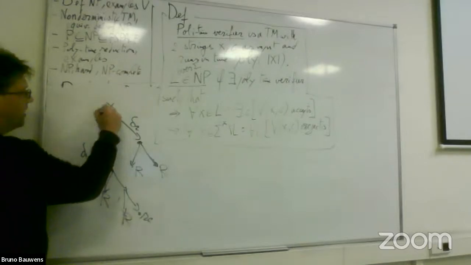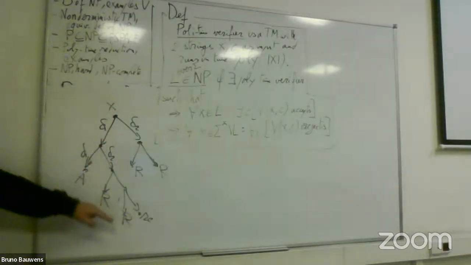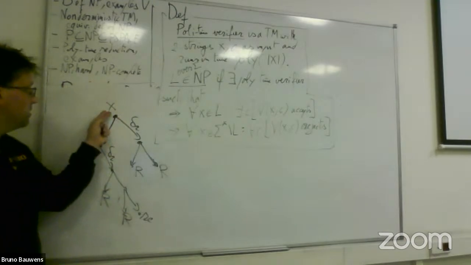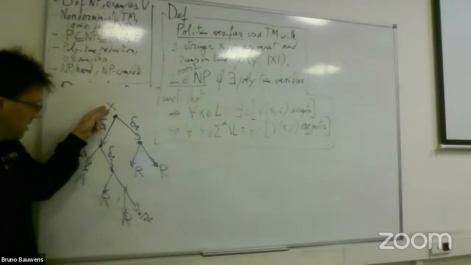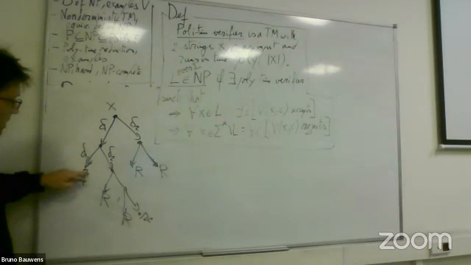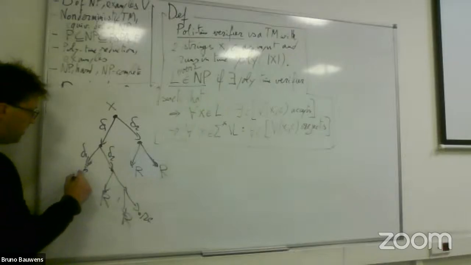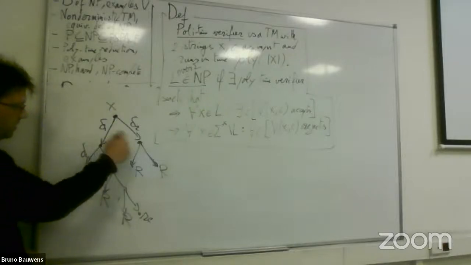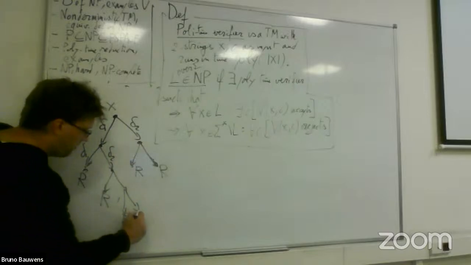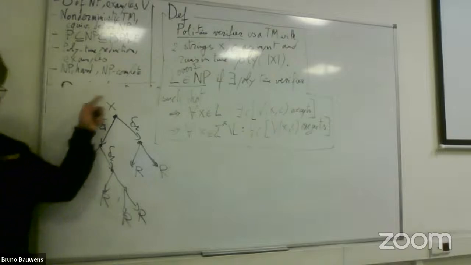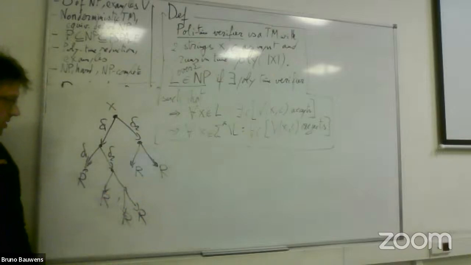Okay, and so for every input, we get such a tree. We say that the non-deterministic machine accepts input x if there exists at least one leaf that accepts. If all leaves say reject, then the machine rejects. So that's the definition of a non-deterministic machine.